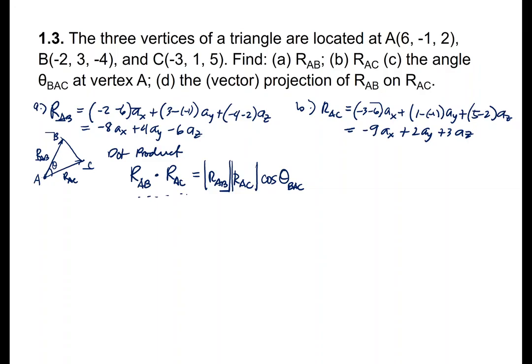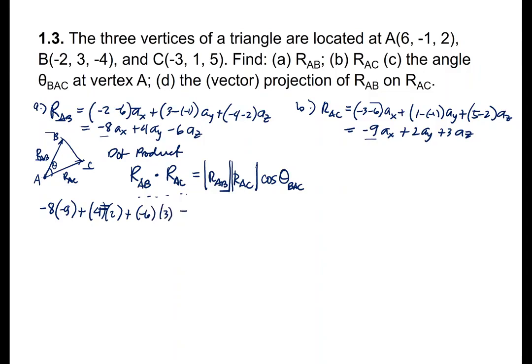So you have -8 for the AX times -9 of the AX of the other vector, then for AY, 4 times 2, plus -6 times 3.